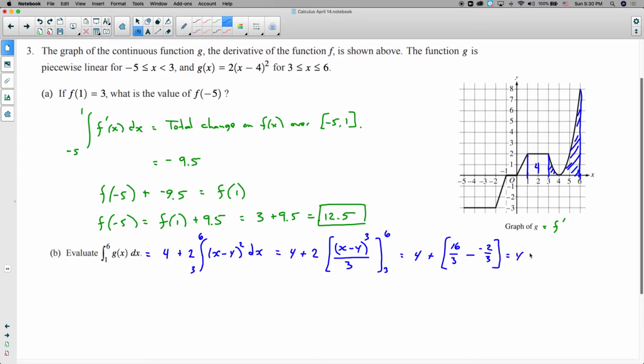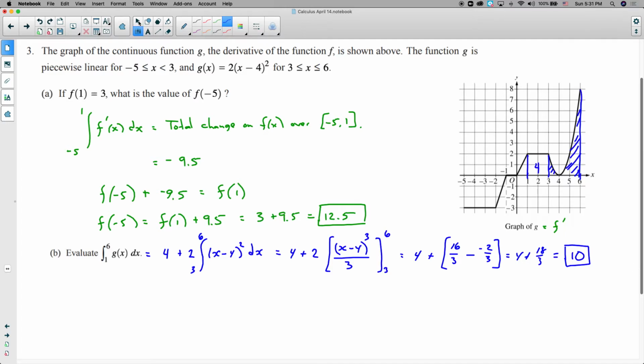So then that's 4 plus 18/3, that's 10. Okay, and then that's my answer to part B. That is pretty easy, I think. Maybe I've sped things up a little by not turning this into two integrals. But you could have a bunch of pieces, and they're both positive, of course, because they're above the x-axis.